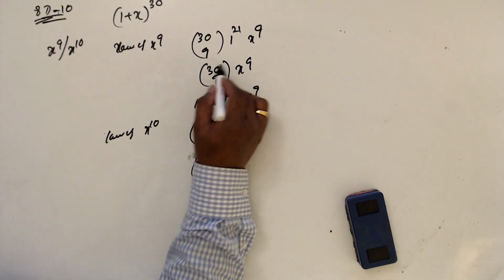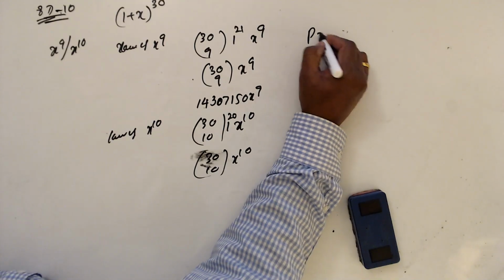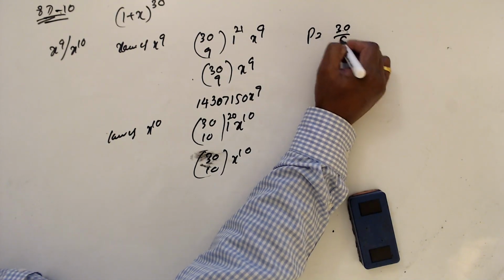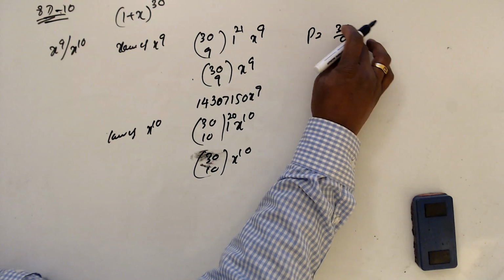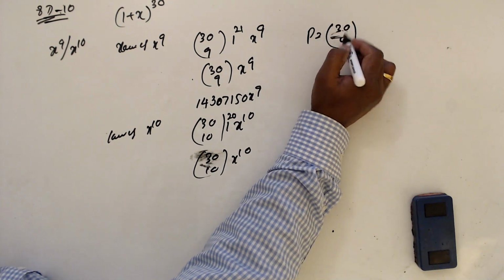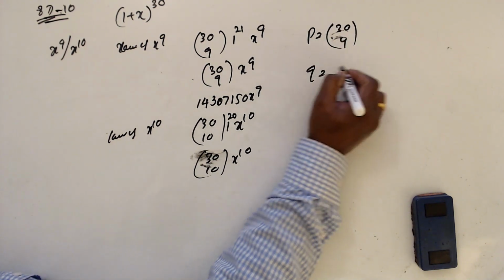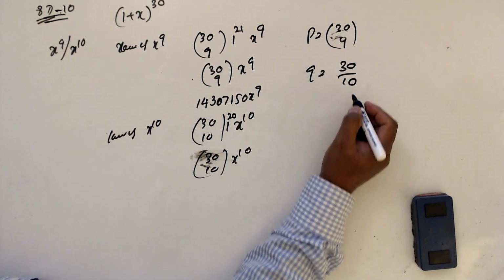Now actually this value is p. P equals 30 C 9, not 30 over 9. Q equals 30 C 10.